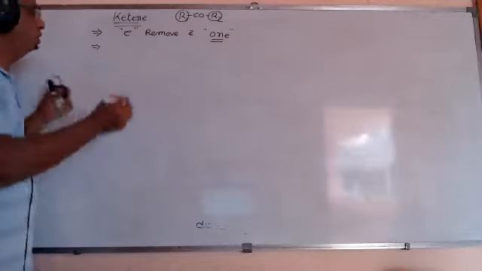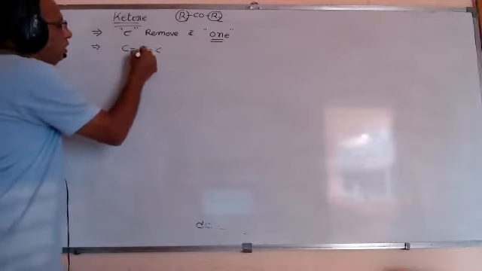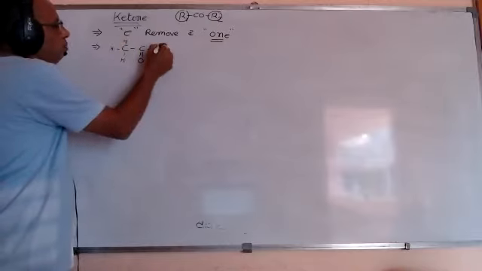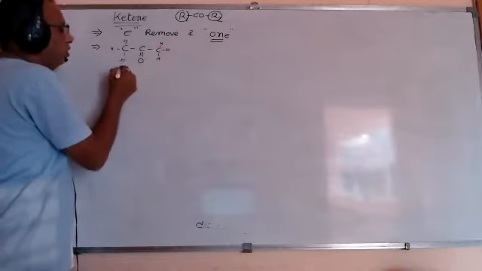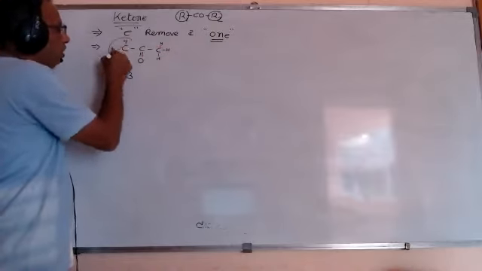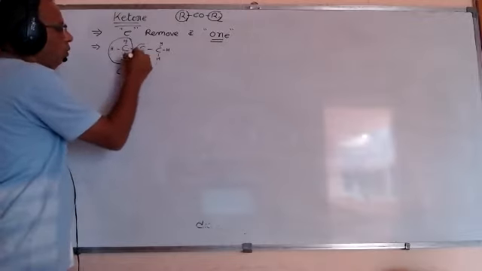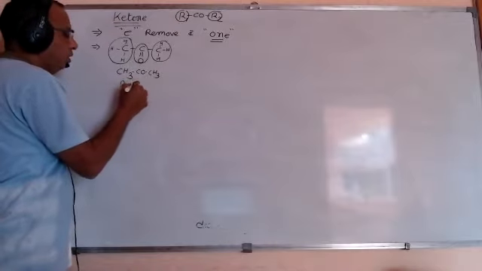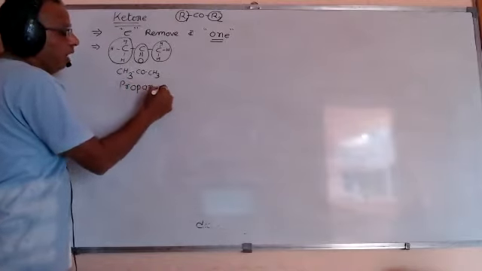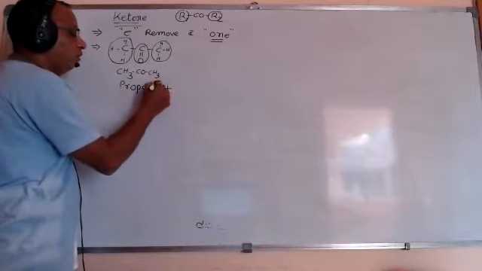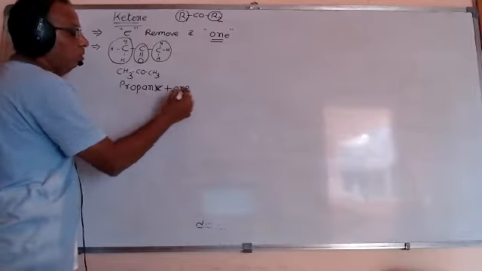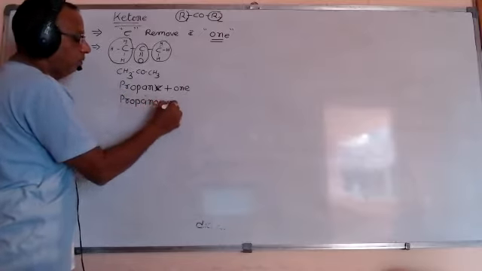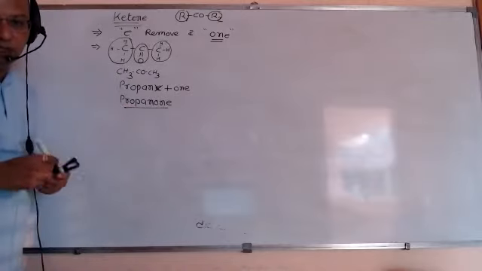So 1, 2 and 3 carbons. A double bond is there, and the valence is fulfilled by putting the required number of hydrogens. We get CH3, CO and CH3. 3 carbons are called propane as per the alkane, but here we have to replace the e with one. So we get the name propanone.